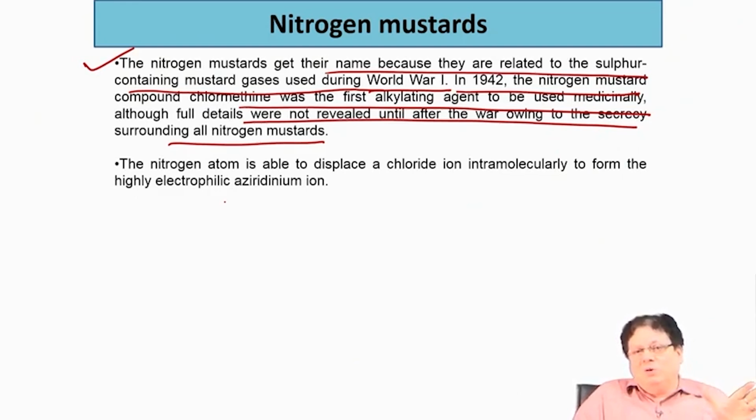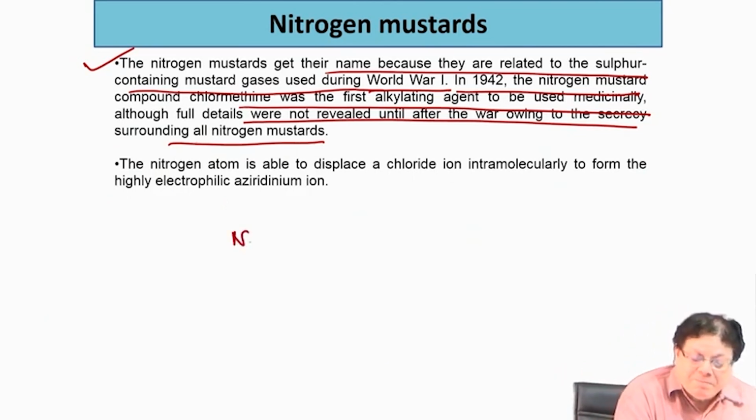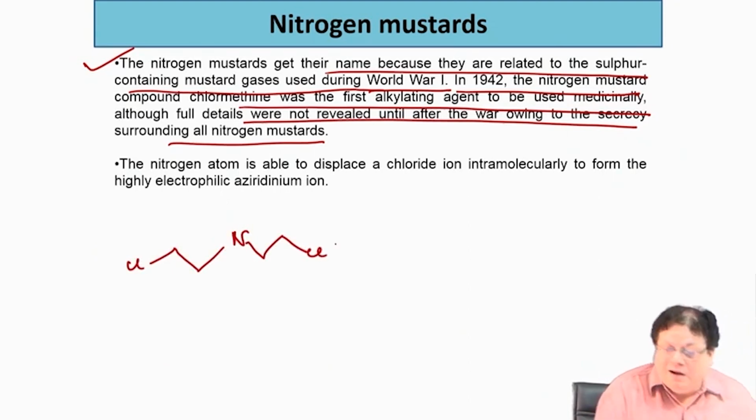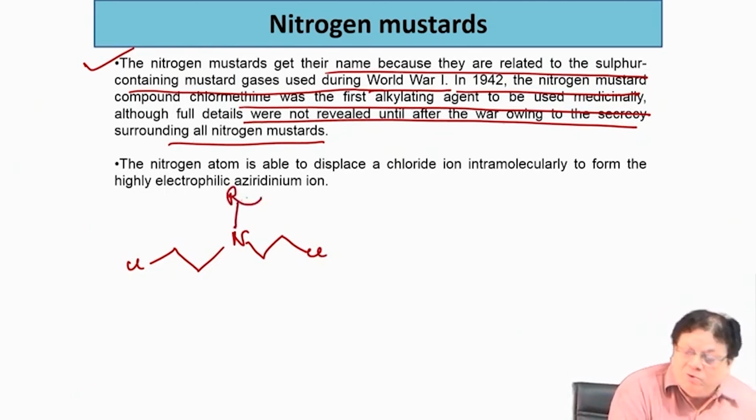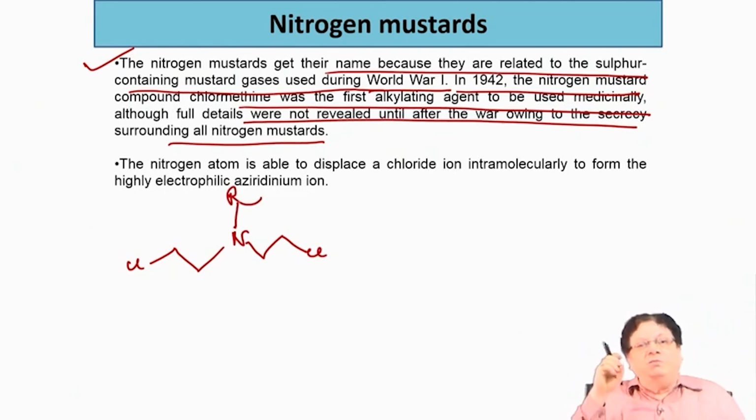Okay. So, you cannot attach anything on the sulfur except the two alkylating arms. But if you have a nitrogen, then apart from these two chloroethyl handles, which are alkylating agents, you have an NH here. So, you can put an R group here, and that R group can give you the stability.